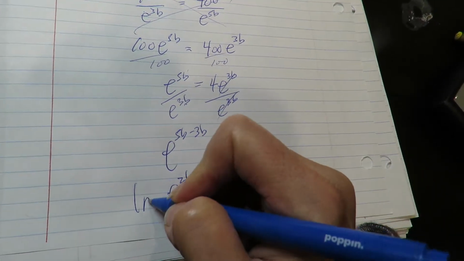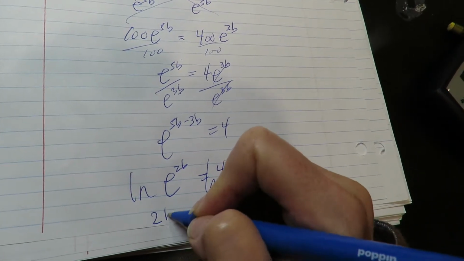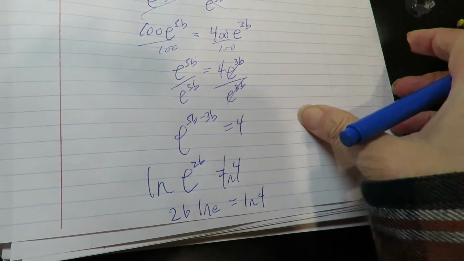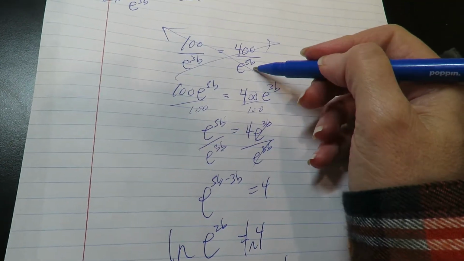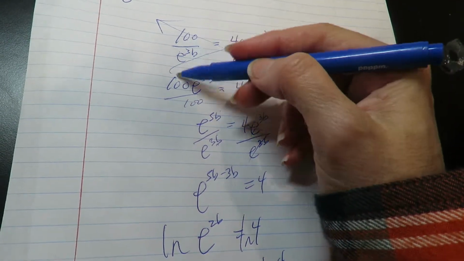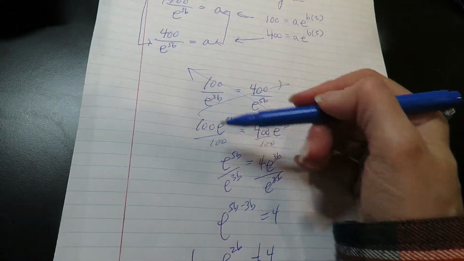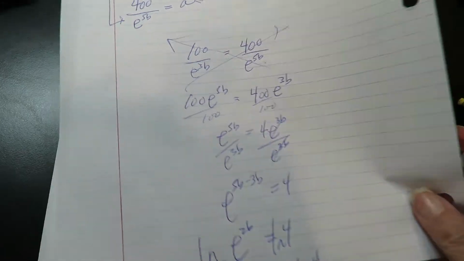Now I'm going to take the ln of both sides. If you wanted to back way up, you could have just brought the 5b up here and subtracted it right away, and that would have saved you some steps.